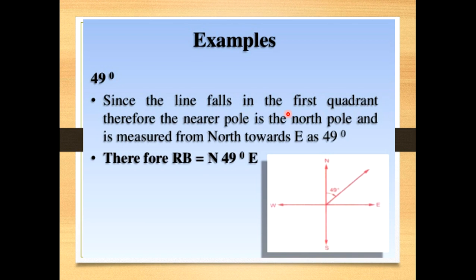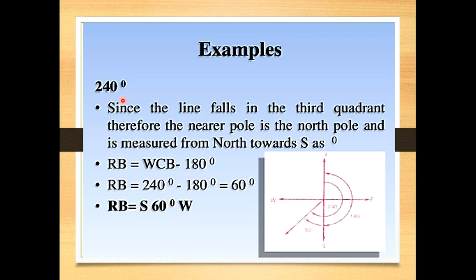Since the line falls in the first quadrant, therefore the nearer pole is north pole and it is measured from north towards east as 49 degree. Therefore RB is equal to N 49 E, means RB is equal to WCB, right? WCB is the whole circle bearing. So how to write RB? We write it in quadrant, first quadrant, and 49 degree, same value.